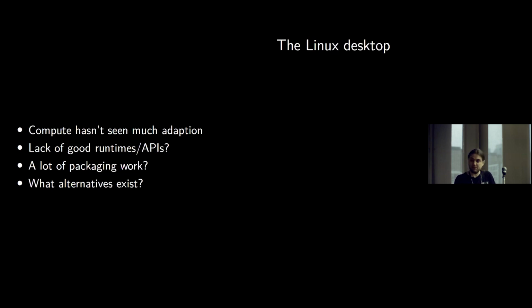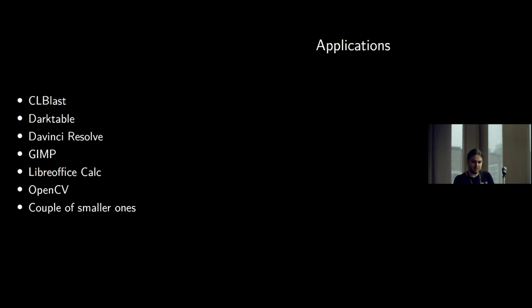And maybe it's also, what are actually alternatives to OpenCL? Maybe there are some, maybe they aren't viable, stuff like this. So here's a small list of applications I think are relevant for the Linux desktop.